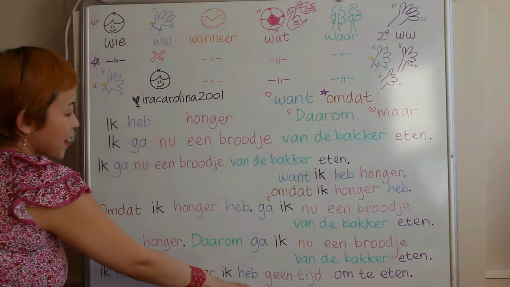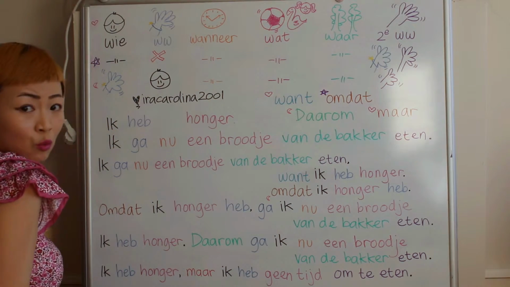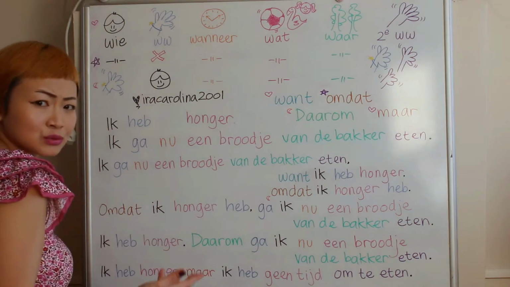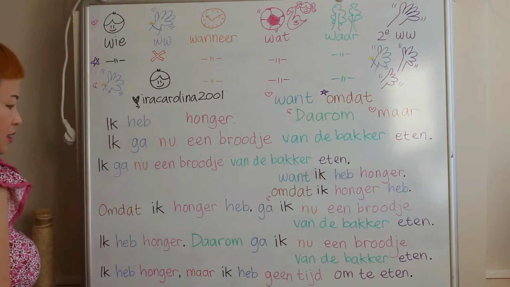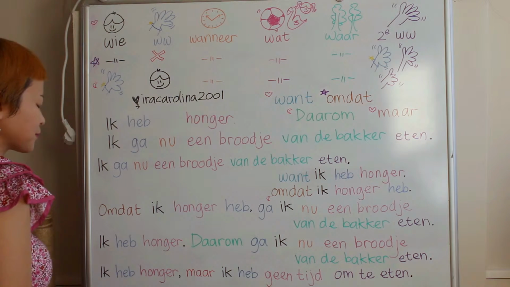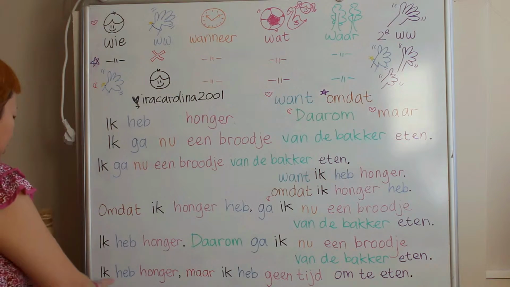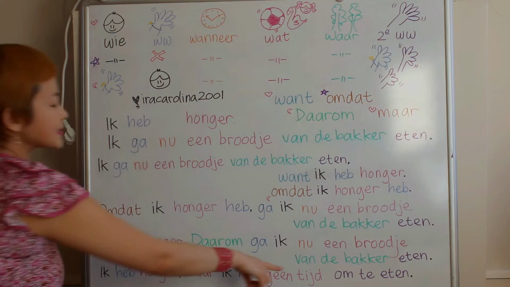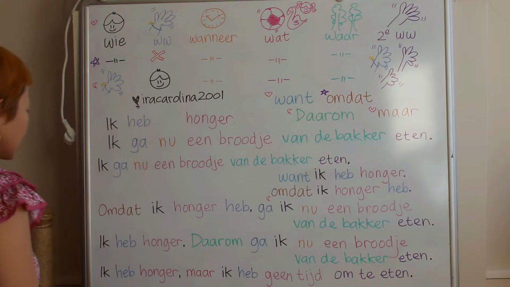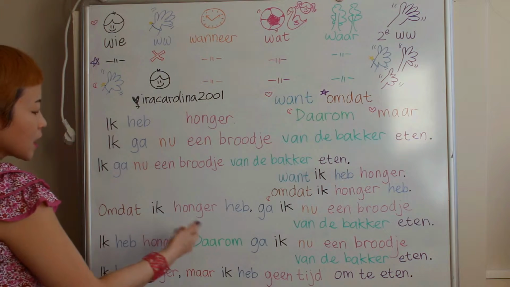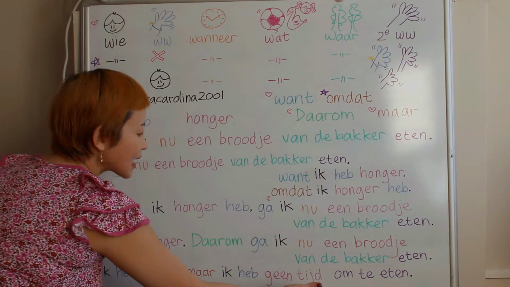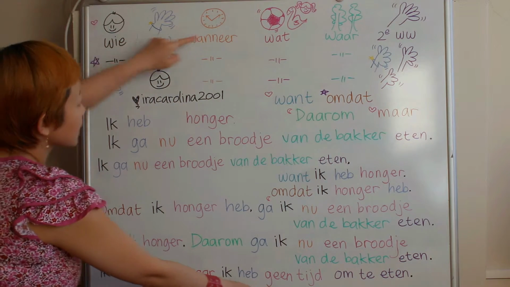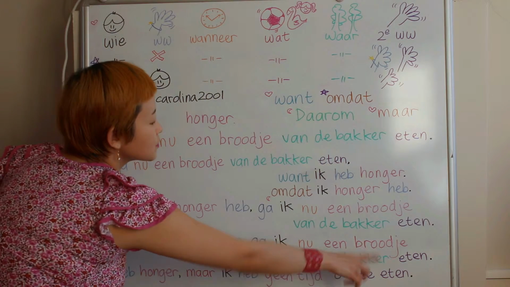Ik heb, I have, geen, no, tijd, time, om te, to, eten, eat. But I don't have time to eat. I have no time to eat. Geen is no, tijd is time. Ik heb honger, comma, maar ik heb geen tijd om te eten. Ja? Ik heb geen tijd om te eten.